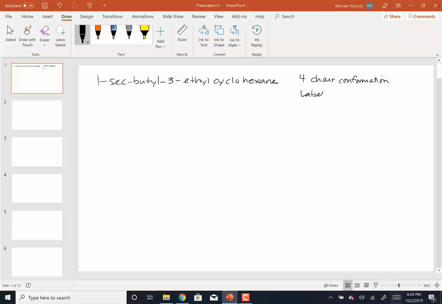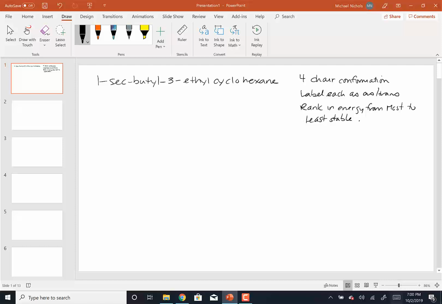Label each as cis or trans, and then rank them in energy from most to least stable.